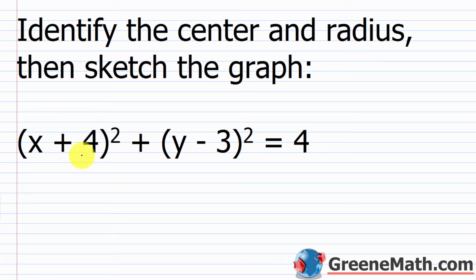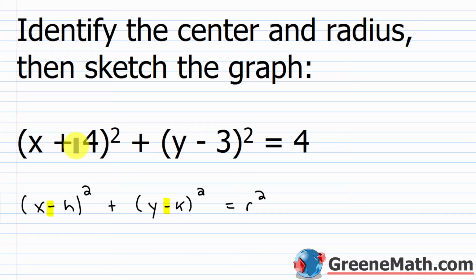So we have x plus 4, that quantity squared, plus we have y minus 3, that quantity squared, and this equals 4. So again, to match the format, we had x minus h, this quantity squared, then plus y minus k, this quantity squared. This equals the radius squared. Now, here's where you got to pay close attention. This is a minus sign here and a minus sign here.